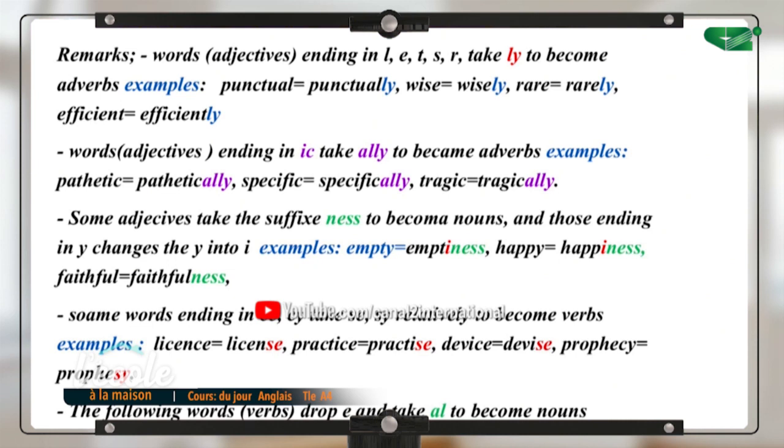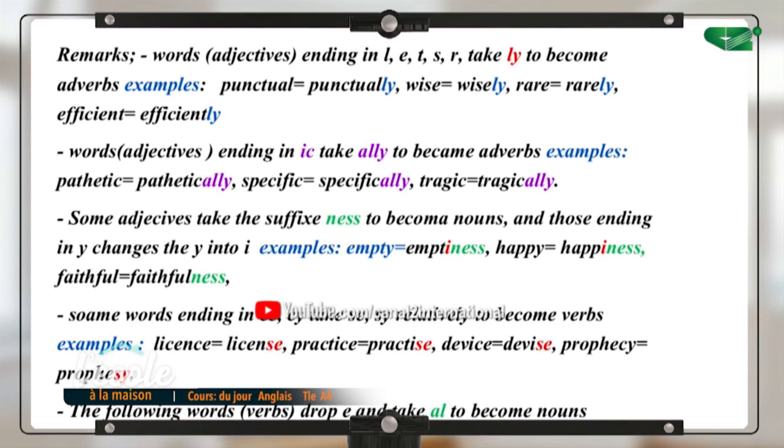Examples. Pathetic gives us pathetically. You can say pathetically if you like. Specific gives us specifically. Tragic gives us tragically.